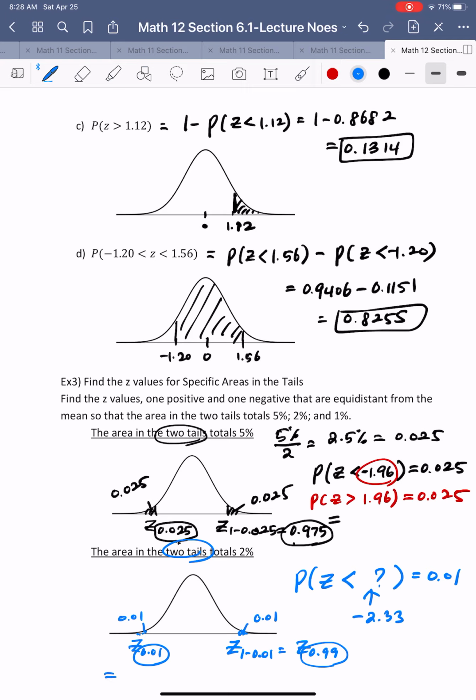So this is equal to negative 2.33. And this one is the z-score where P of z greater than is 0.01, which means 0.99, so it's going to be 2.33. So always symmetric.